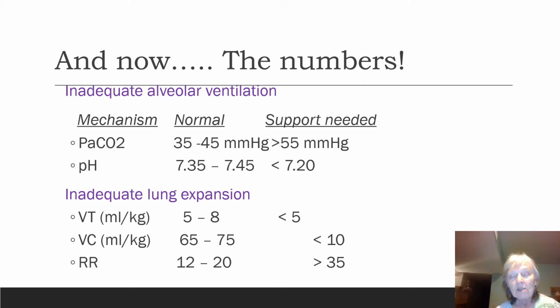When you go to the hospitals, one of the things you want to ask is, what are your numbers that tell you that you have inadequate alveolar ventilation and that this patient is going to need support? When you have those numbers, these are called your critical values. That's what tells you that you have to call that physician and tell the physician what's going on at that particular point in time.